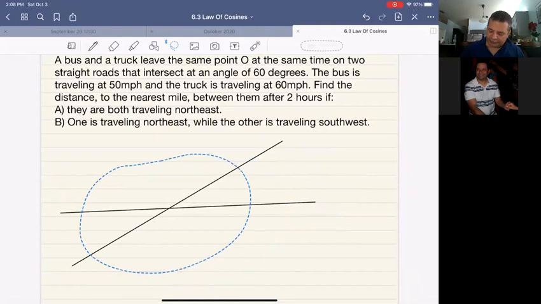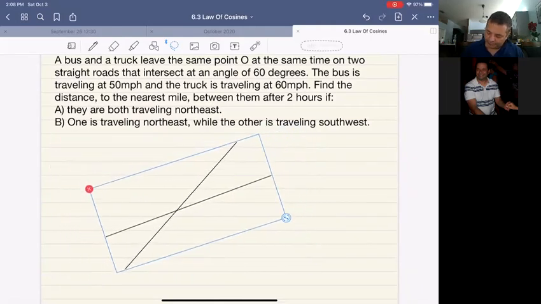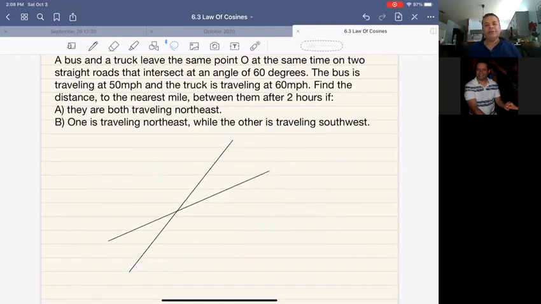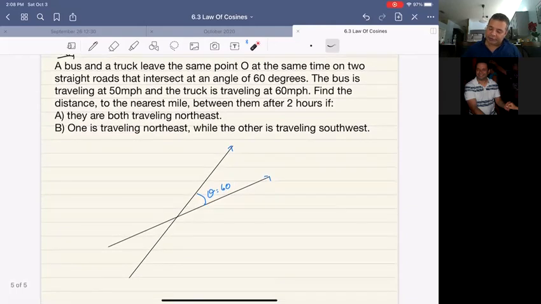Okay, so they have an angle theta between them. In this case, they're both traveling the same direction. They've traveled for 2 hours. That means the truck has traveled 120 miles and the bus has traveled 100 miles.